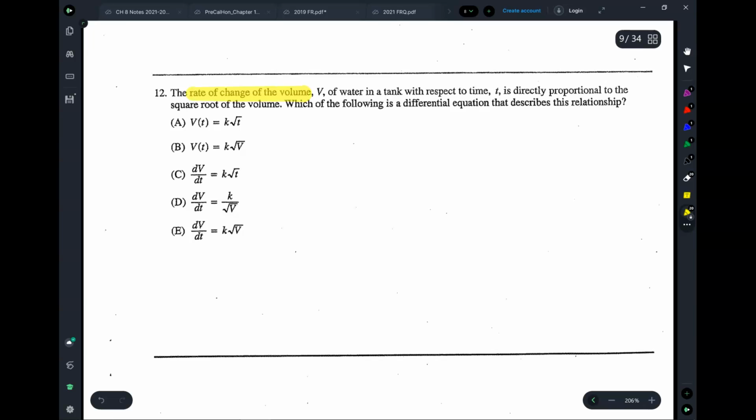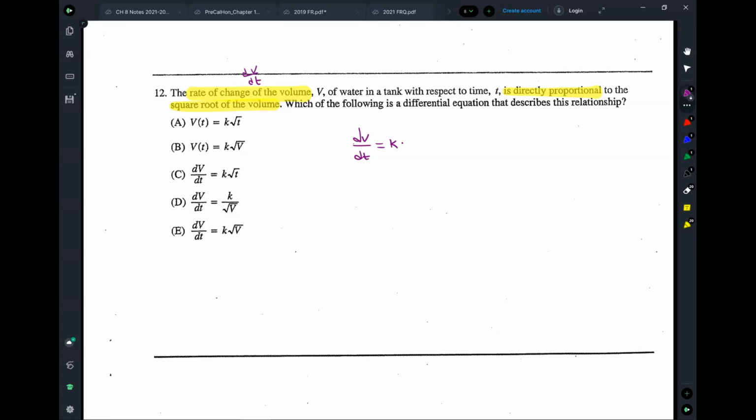Rate of change of the volume is directly proportional to the square root of the volume. Okay, now I'm going to write the highlighted parts only in a mathematical statement.